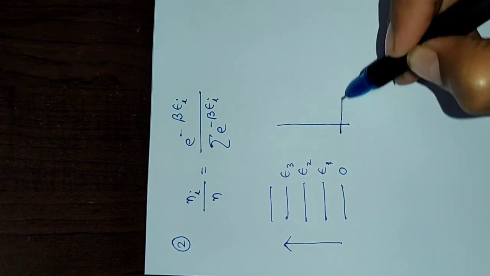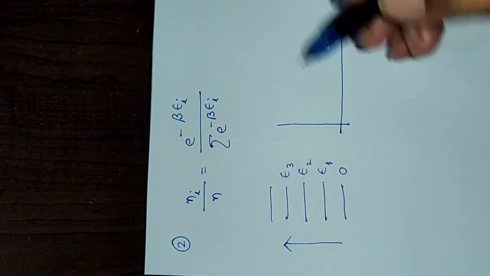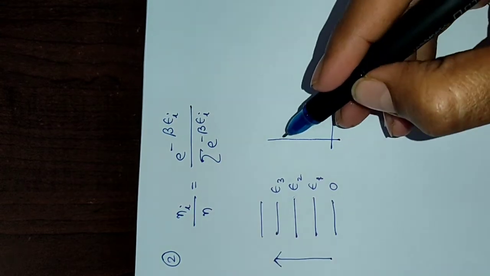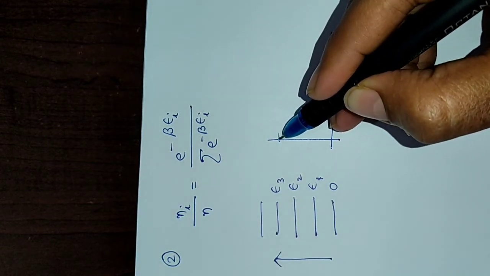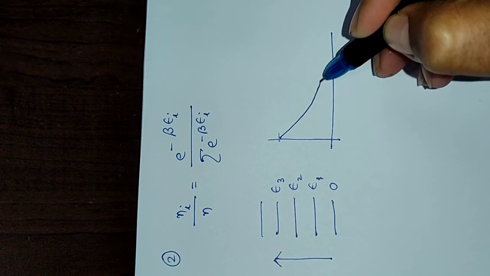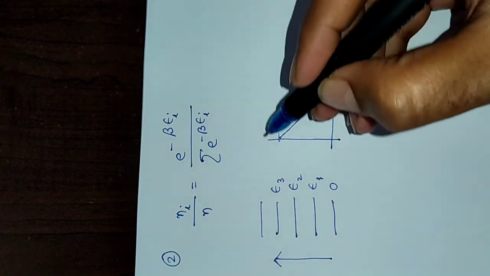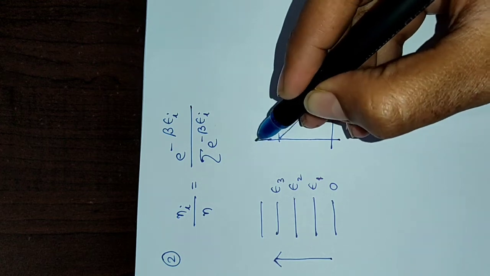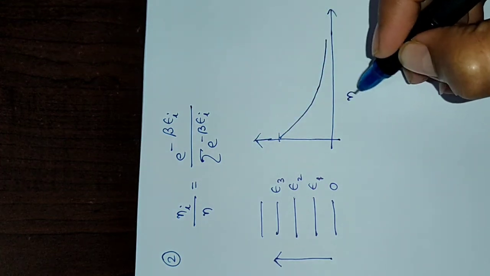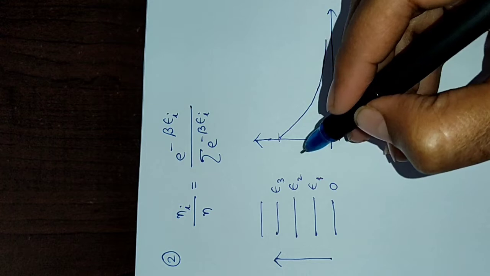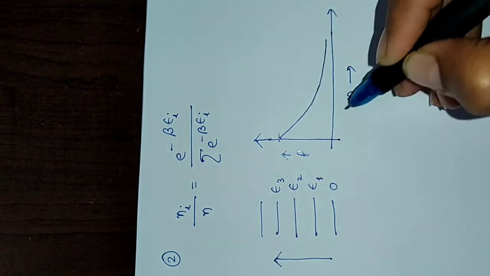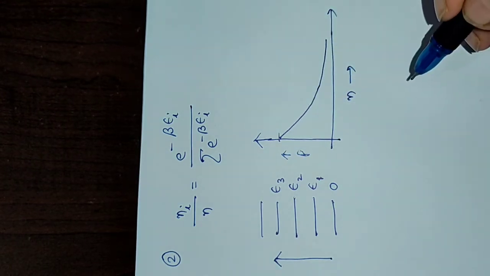If there is no degeneracy, then the population distribution becomes like this. This is the quantum number and this is the population. So with increase in quantum number, population decreases.